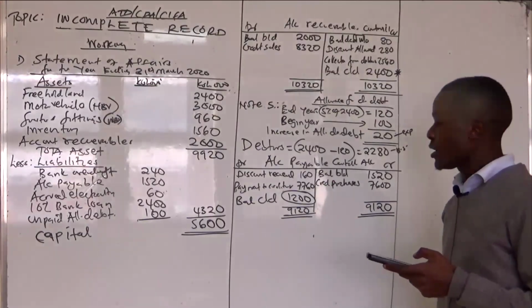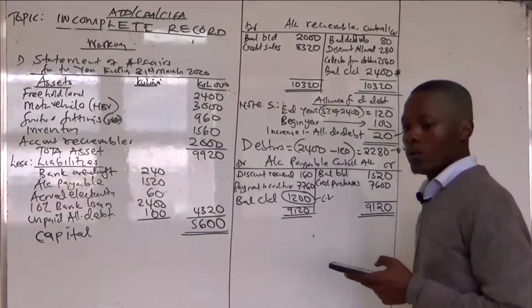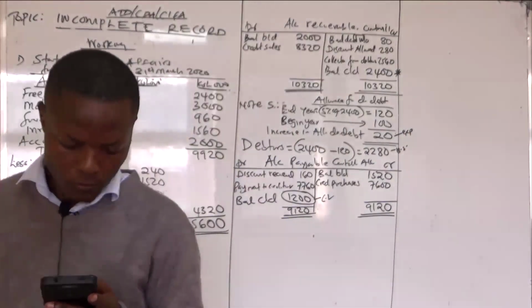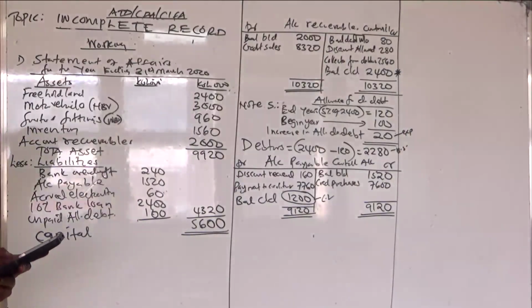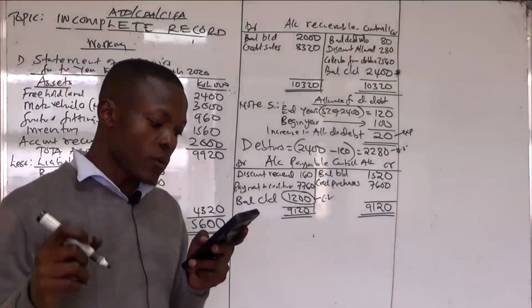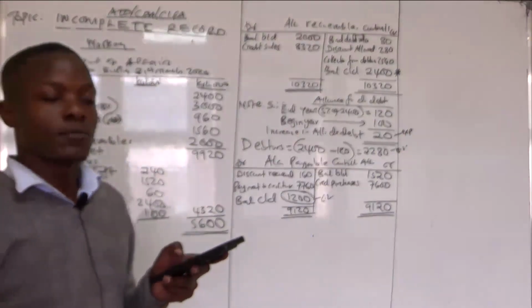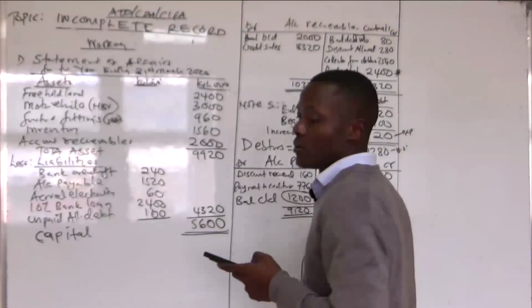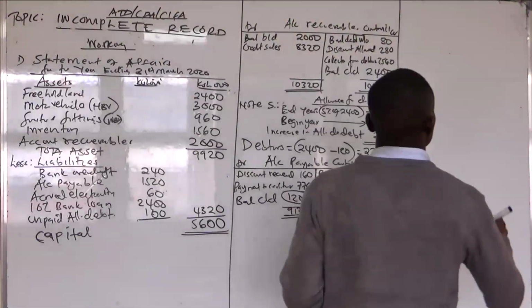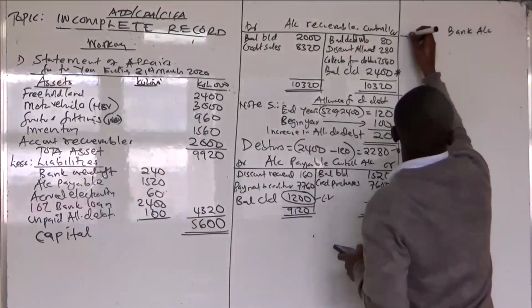So it goes to the balance sheet as a current liability. I hope somebody is getting me. Then, when they tell you note number 2, the transactions were carried out through the bank account. We must create a bank account.